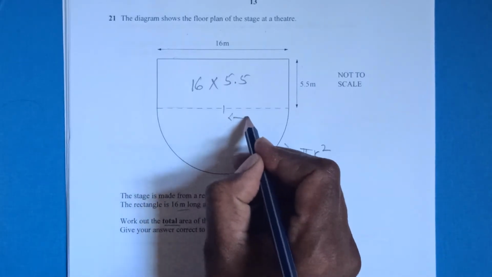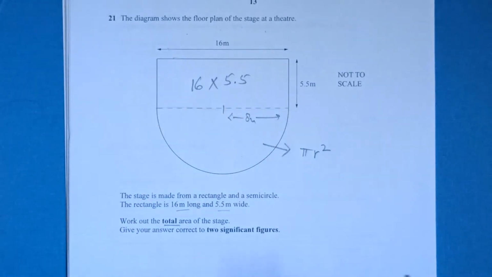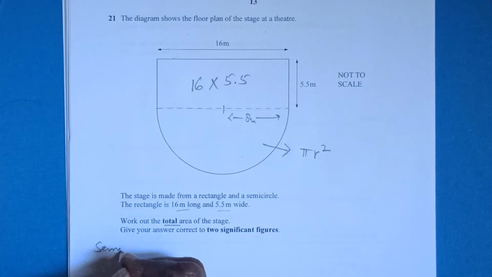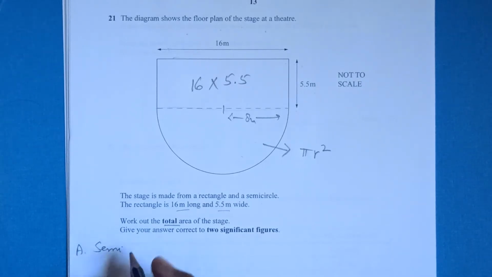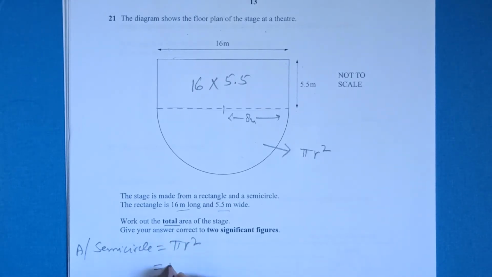So that means this is the radius of this semicircle. So pi r squared. So we can calculate the area of the semicircle. Area of semicircle is pi r squared, so pi times 8 squared.